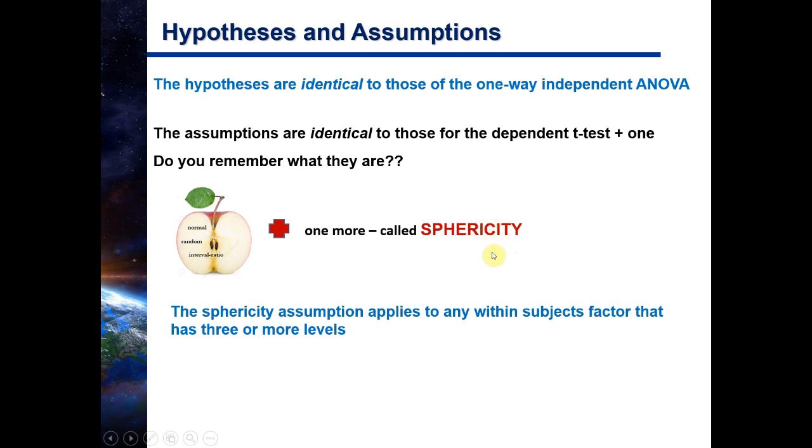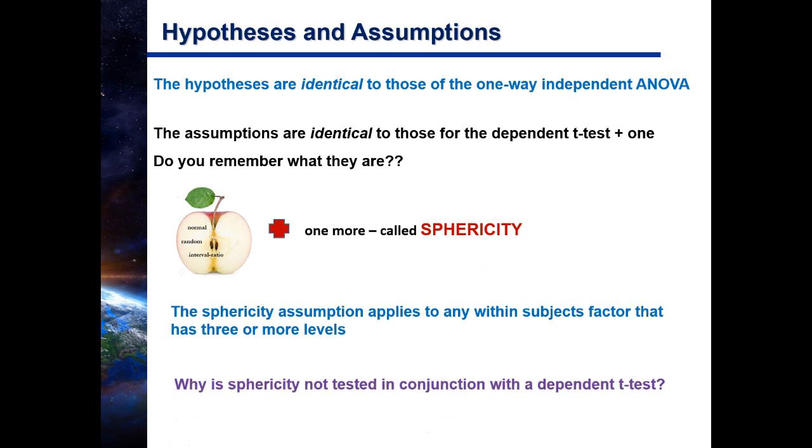Because with a one-way repeated, you know you have three or more groups, three or more levels. So you will always test this with the one-way repeated ANOVA, but never for the dependent t-test. And I've explained why, right? The dependent t-test only has two means, and sphericity cannot be tested unless you have at least three means or three groups that you're comparing.